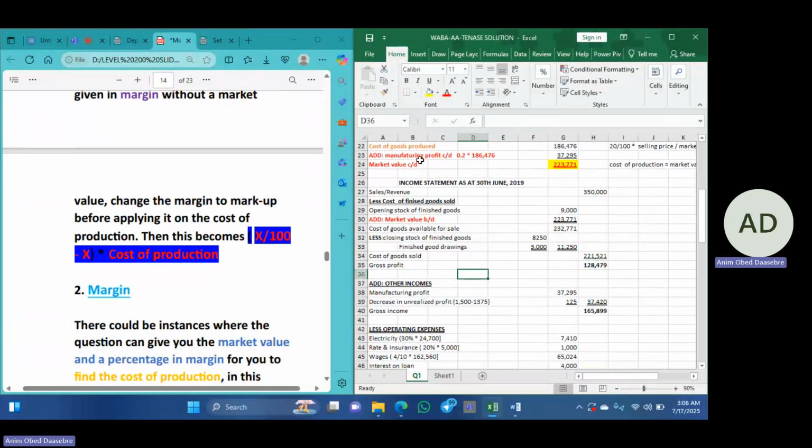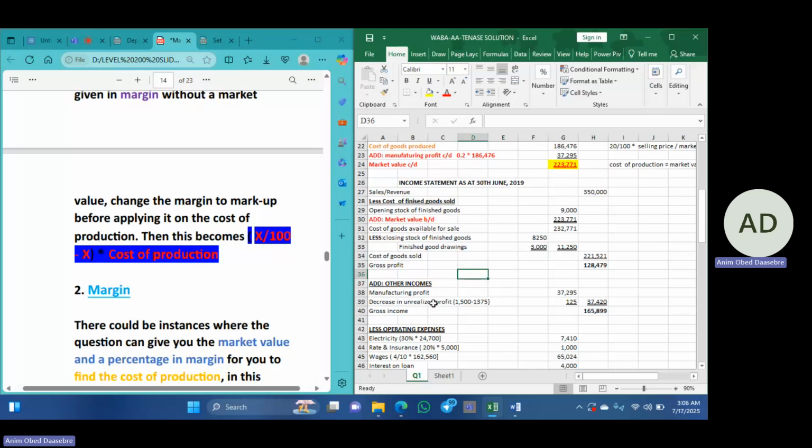So you see, those transfers will be moved to the income statement. The manufacturing profit will come in under other incomes, and the market value will replace the purchase of raw material, purchase of final products or finished products.